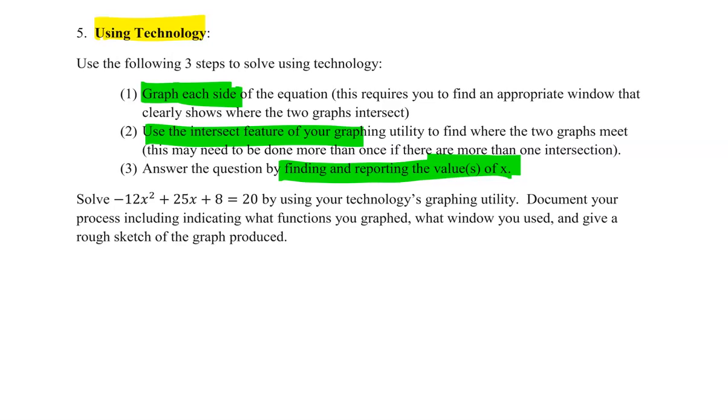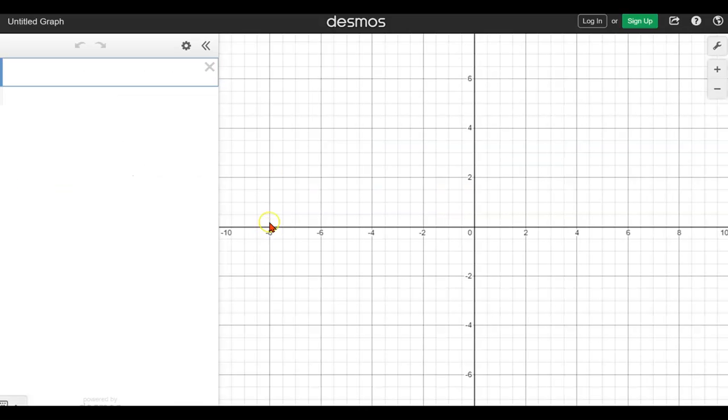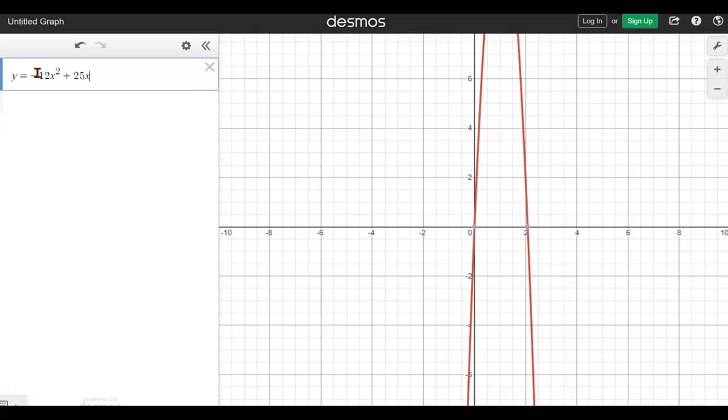Now, let's solve negative 12x squared plus 25x plus 8 is equal to 20 using technology. And I'm going to use Desmos here. Okay, go to desmos.com. First step, graph each side of the equation. So the left side is y equals negative 12x squared plus 25x plus 8.